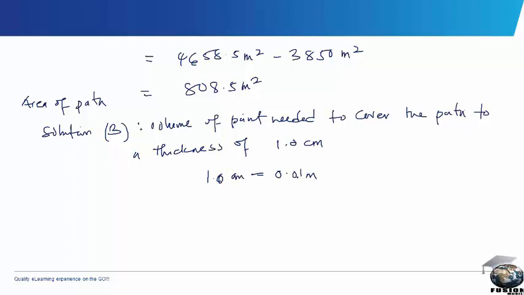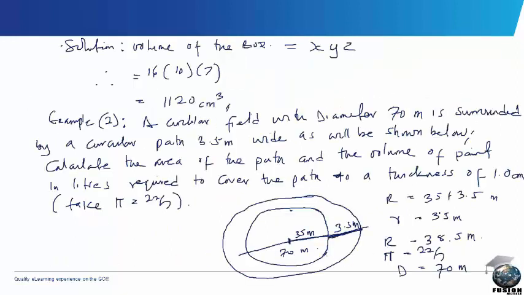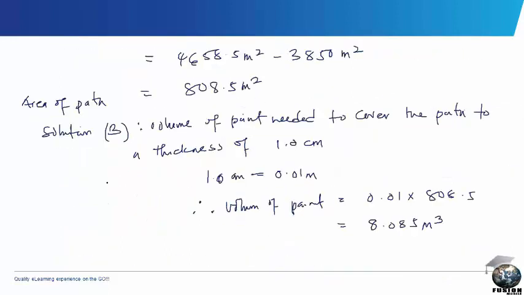You can go back to your table of conversions, or table of relationship between quantities, and then the volume of paint will be equal to 0.01 times the area to be painted, which will give you 8.085 meters cubed. But the question says the volume of paint in liters, so we have to convert from meters cubed to liters.